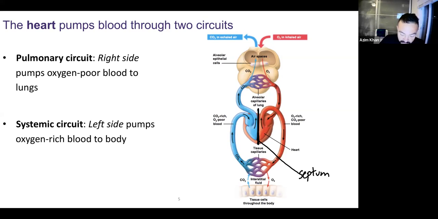Since there are two sides of the heart, we can make two different circuits. When I say circuit, I mean like a full circle. In this case, a circuit is starting in one part of the heart and ending in another part of the heart. It's not going to be the same part, but we are going from one part of the heart to somewhere else, back to another part of the heart.